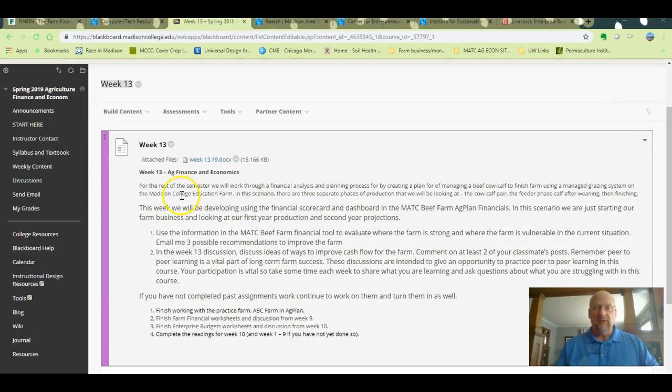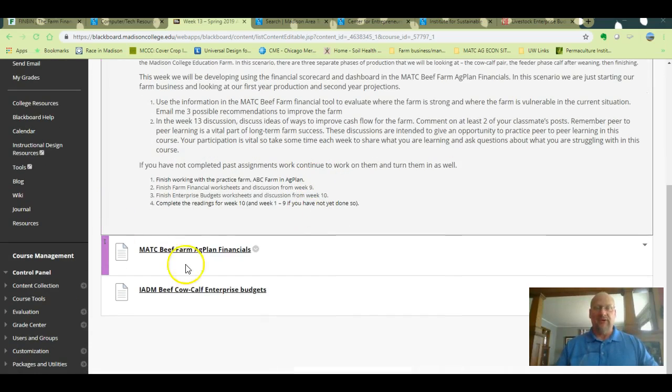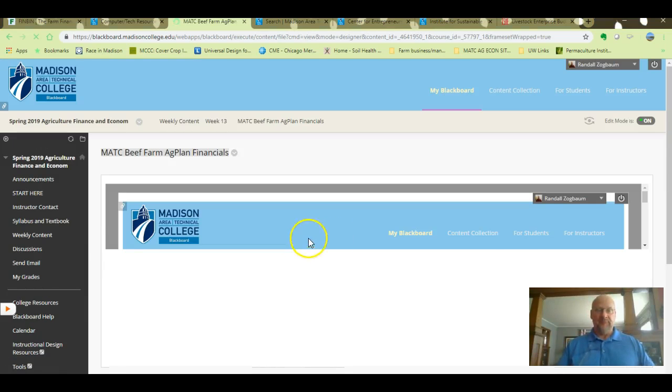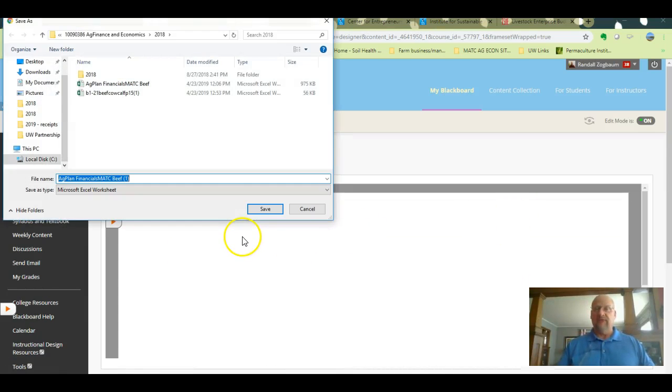So the assignment, a couple people asked, I hadn't quite got this out here yet, but this MATC beef egg plan financials has some data placed in it that I filled in from creating an enterprise using the egg plan financial tool.